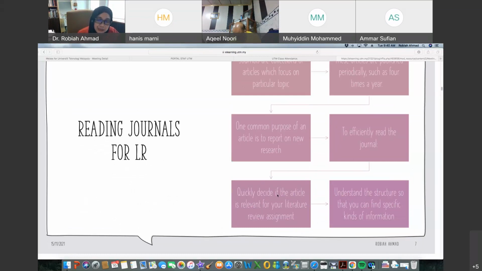Quickly decide if the article is relevant for your literature review, and then understand the structure so that you can find specific kinds of information. But this is what usually happens, especially for a new researcher who only started the research one or two weeks or maybe five weeks ago.